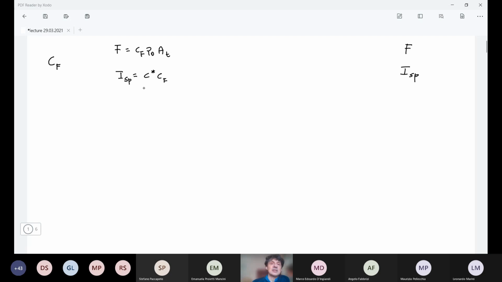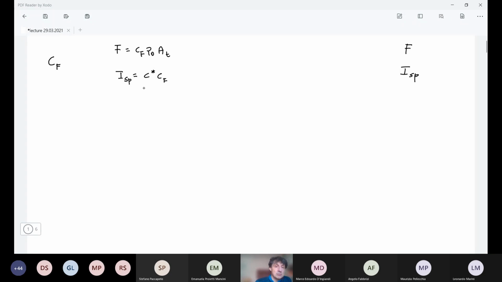And we see that for a given value of C star, having high values of CF means having high values of specific impulse. So it means that increasing thrust coefficient increases the specific impulse. It means that it lowers the amount of propellant we need to achieve a given mission.